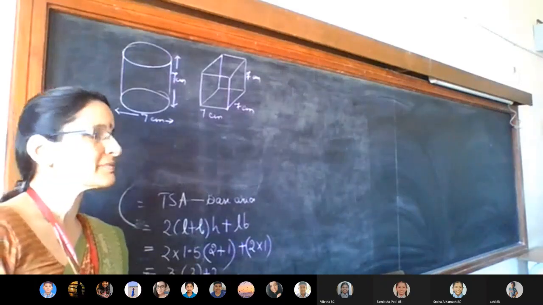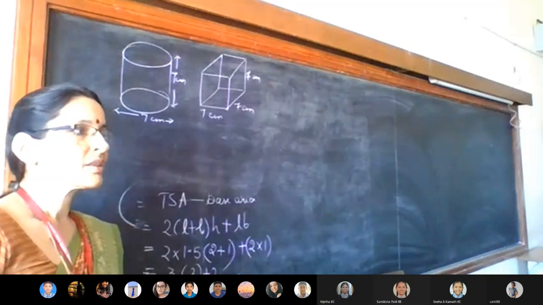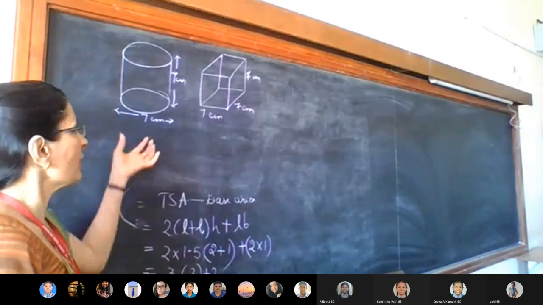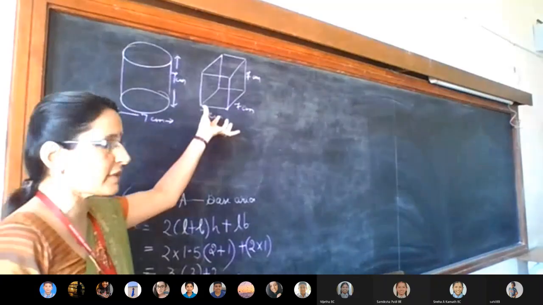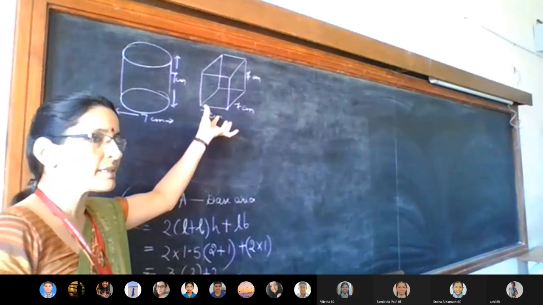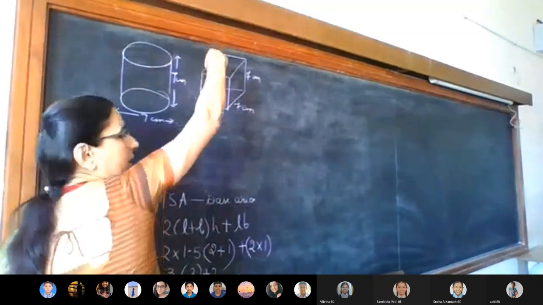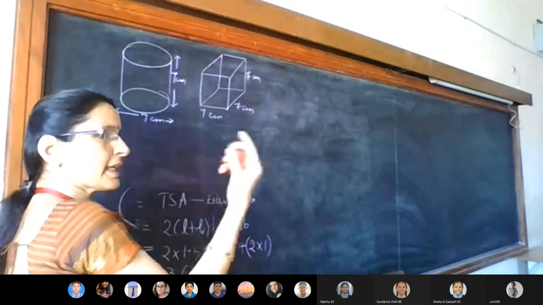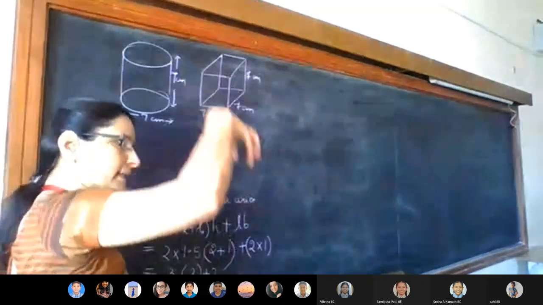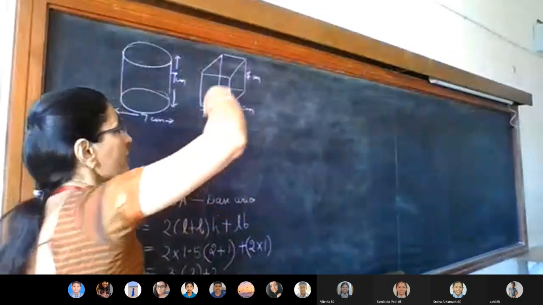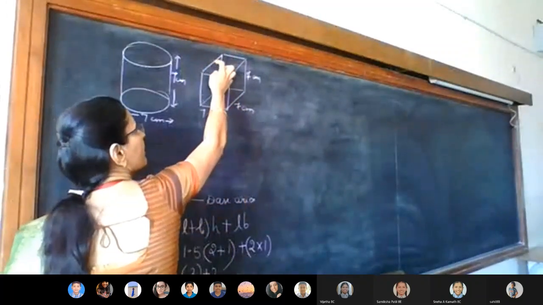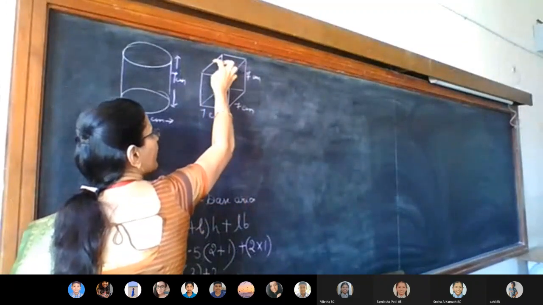Yes, Ishan? Definitely, because you observe this 7 and this 7, they are matching. So if I try to keep this upon that, if the making is very perfect, it will go and sit there. The ends of the diameter will come and fix here.